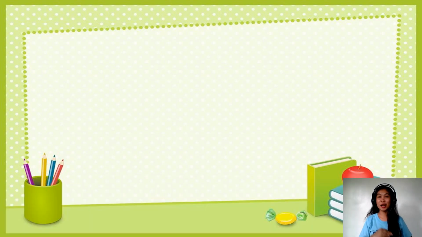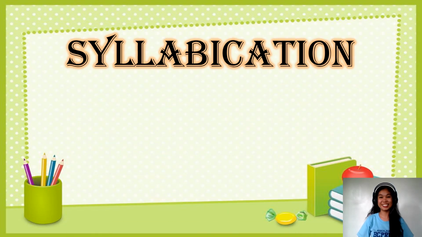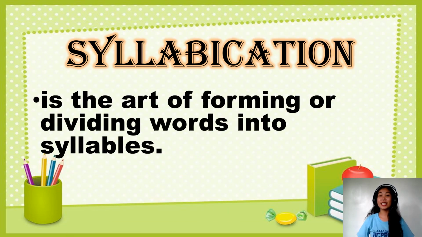After knowing the number of vowel sounds in a word, we can actually divide the word into syllables. And that is called syllabication. Syllabication is the art of forming or dividing words into syllables.